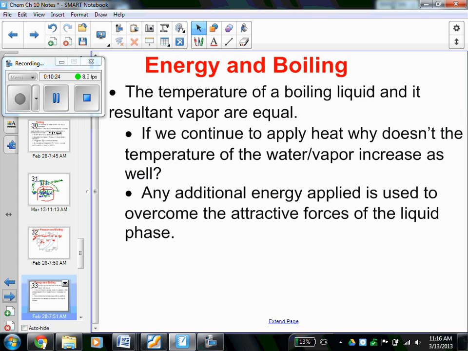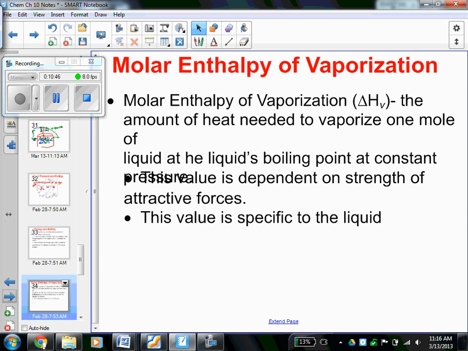So a liquid such as water cannot boil above 100 degrees Celsius, because any of the additional energy going in is not trying to make the particles move faster. It's trying to break the forces of attraction at the surface. That's where the energy is going. Okay, it has to do with potential energy as well, but we're going to ignore that for now.